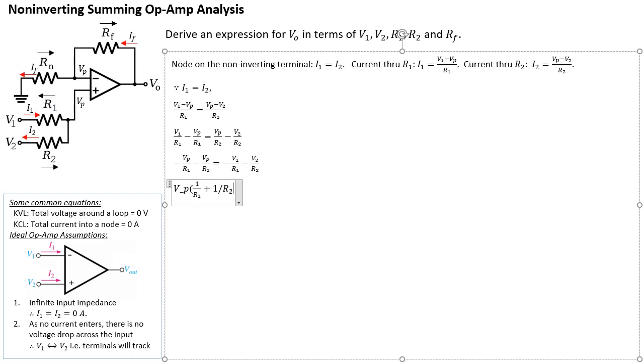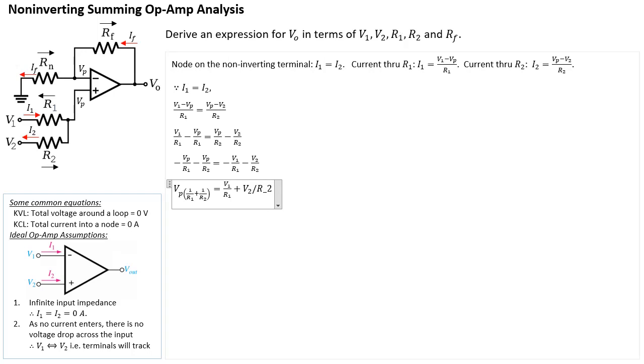That is equal to V1 divided by R1 plus V2 divided by R2. Sorry, I think this part became a subscript. I need to just shift this up.